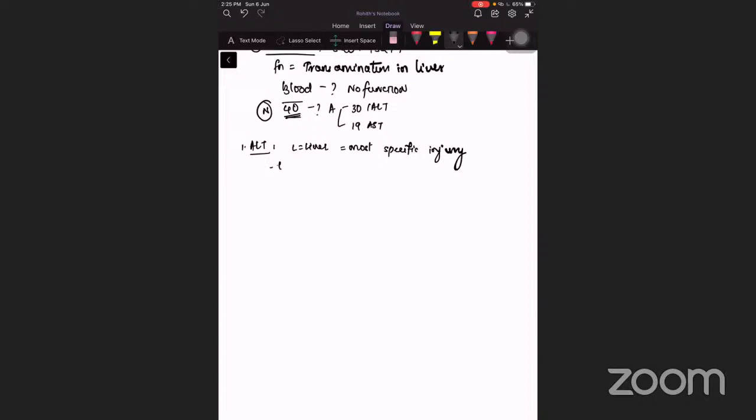The half-life is somewhere about 47 hours. There can be non-hepatic sources, which is very, very minimal. Sometimes it can be in the RBCs, but more often and commonly you don't get those in liver disease.